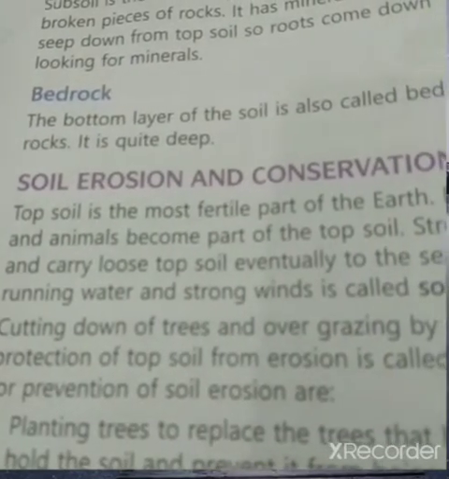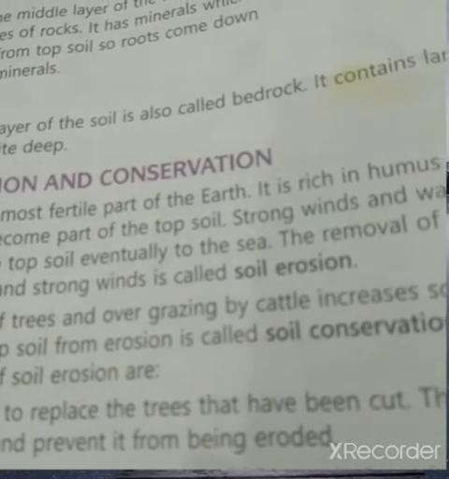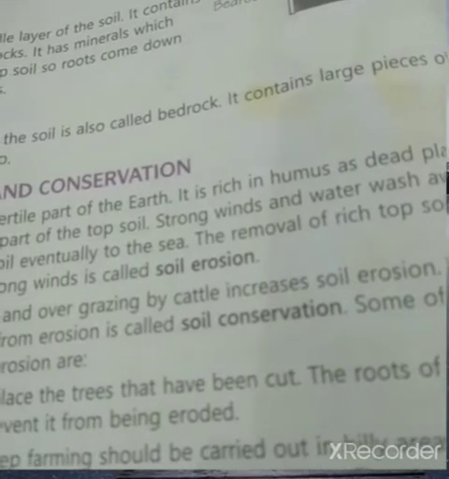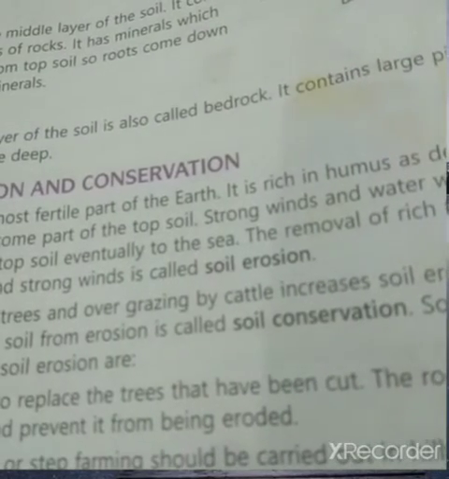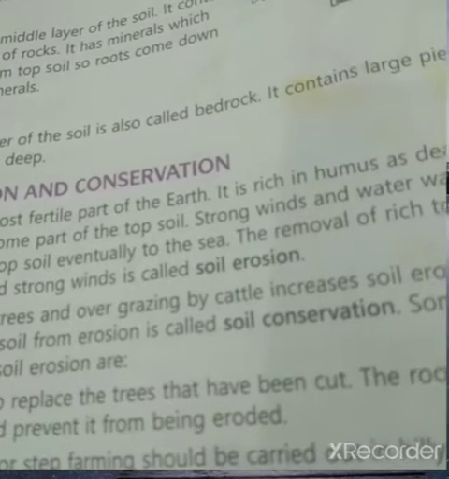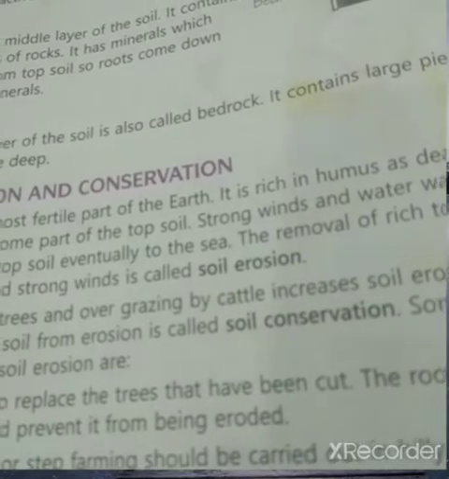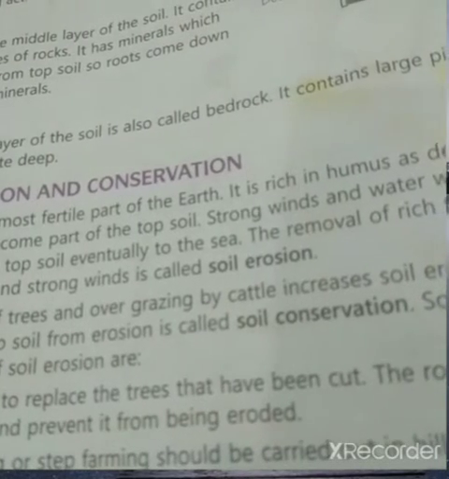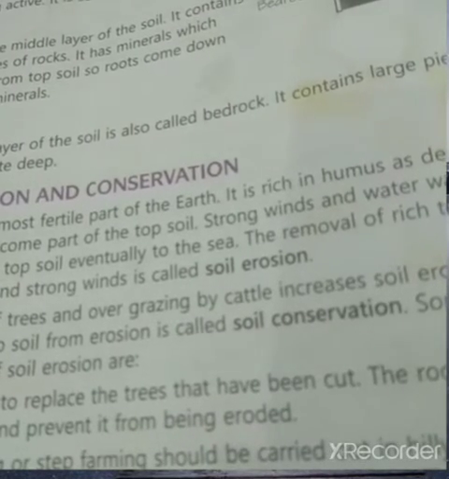Cutting down of trees and overgrazing by cattle increases soil erosion. When the cattle graze the crop or trees, small plants and small trees, that time the soil is eroded from that place.